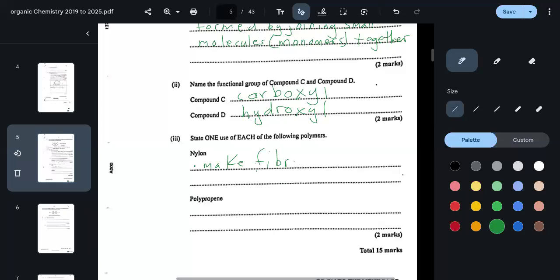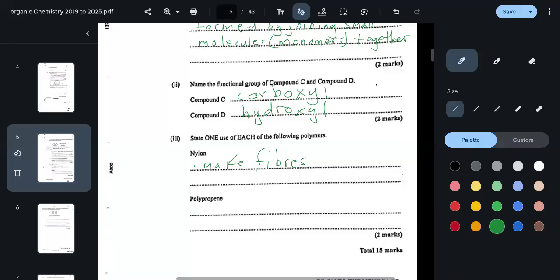Sir, is nylon used for clothing? Right, it's on the polyester. But sorry, just give me 1 second.